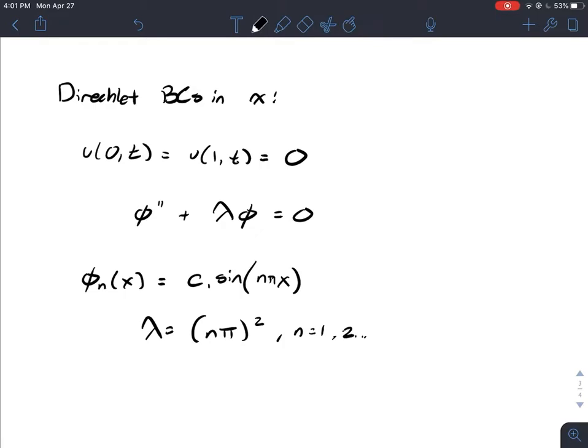So this is our homogeneous problem, right? If we did not have the non-homogeneous term, we would be able to separate variables and solve this as a standard heat equation problem, essentially. And this is our eigenfunction for phi.